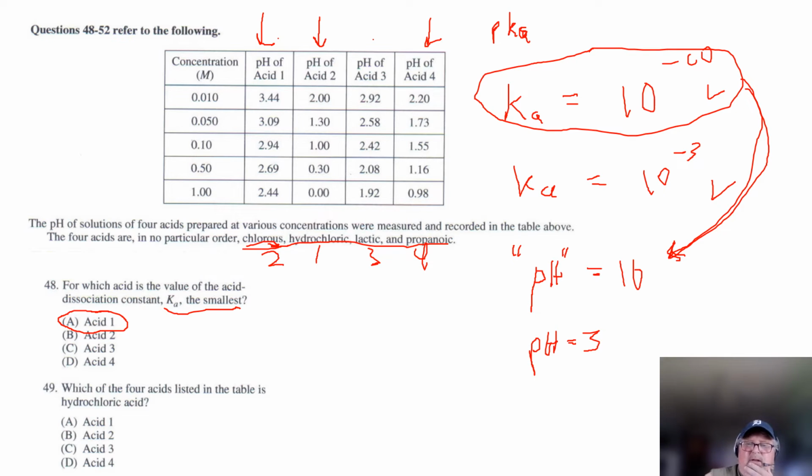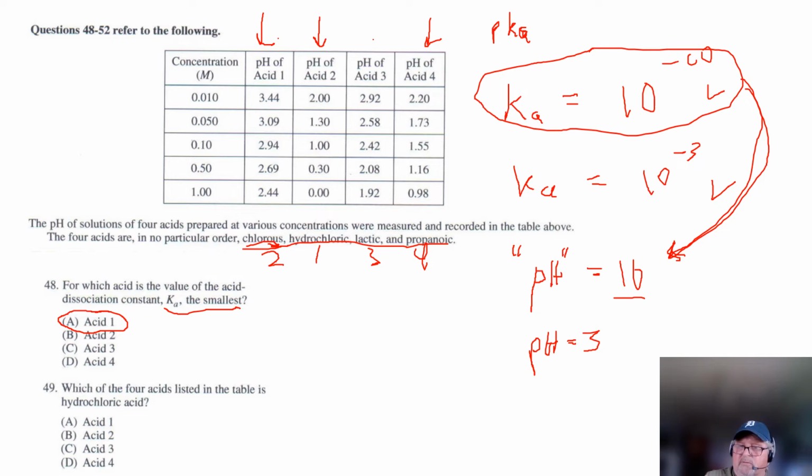Okay, I hope you get that. The way that I think about Ka, and this is just a quick way to figure it out, is that I treat Ka like pH. So I know that if I have a small Ka, that's like having a high pH.